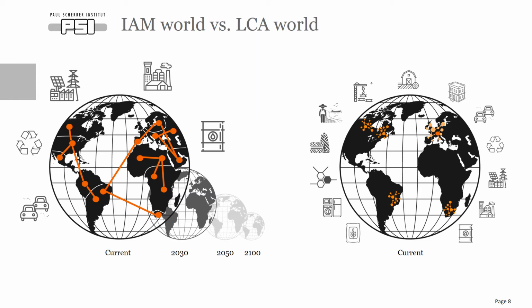And of course, the IAM will produce these projections helped by an optimization engine which will receive a set of constraints in terms of costs, but also in terms of, for example, greenhouse gas limits not to overcome. And so we can have different projections following different narratives.